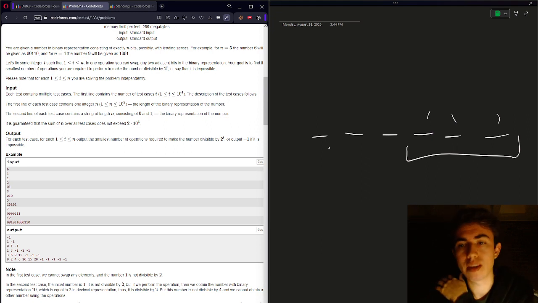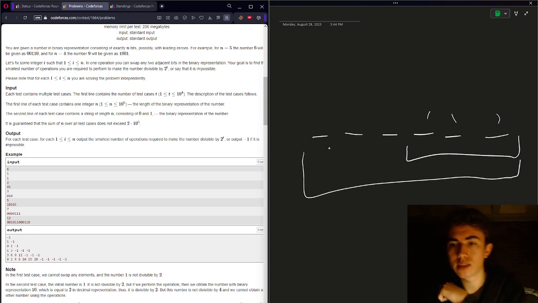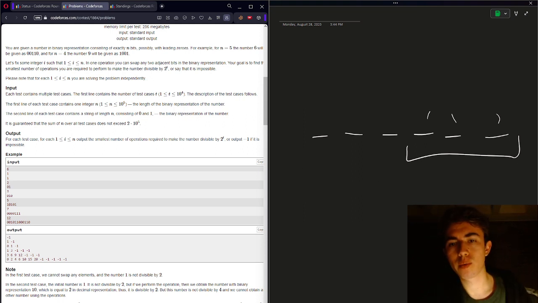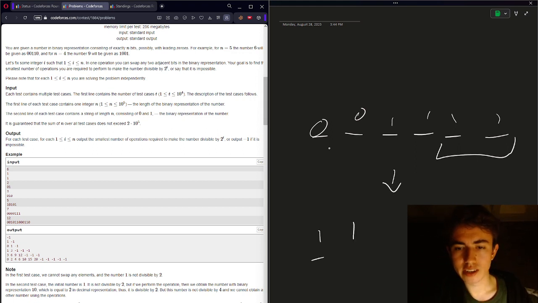Well, we need to know that if there are ones we have to move, at some point there might be more over here and extra zeros. But if we want this to be all zeros in the suffix, we'll need to turn it into something like this.